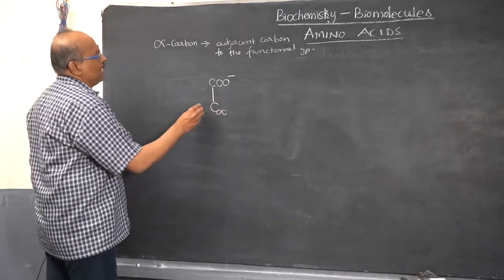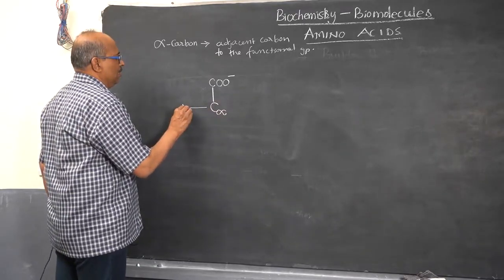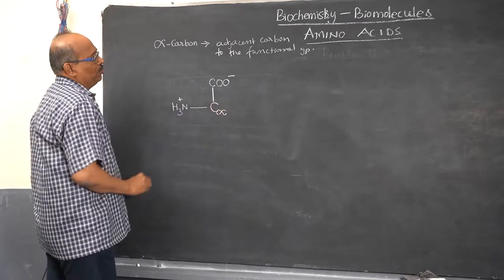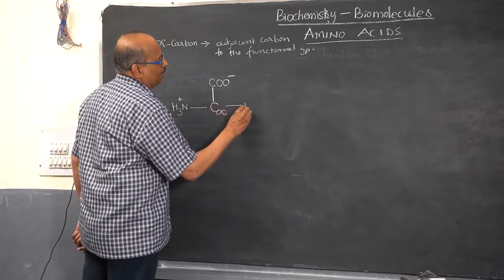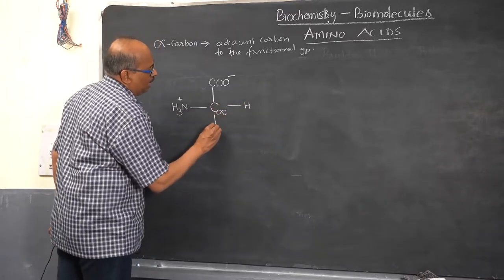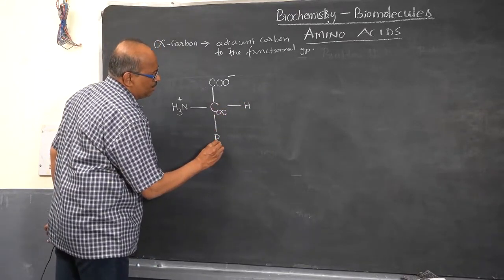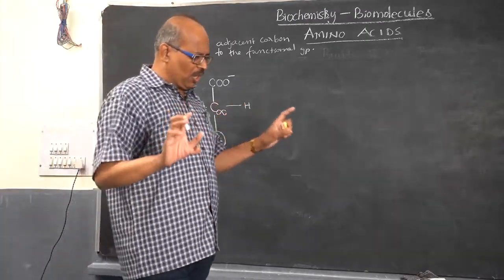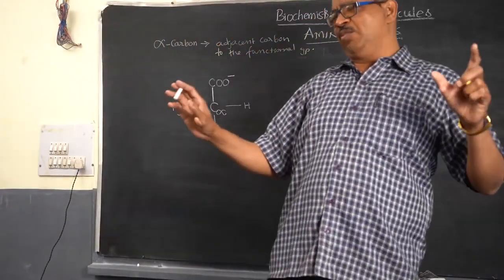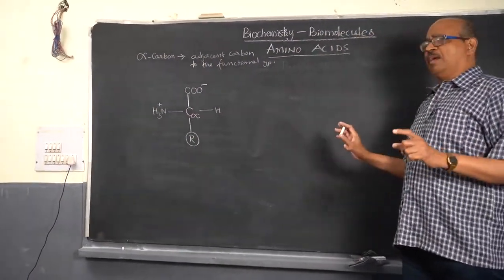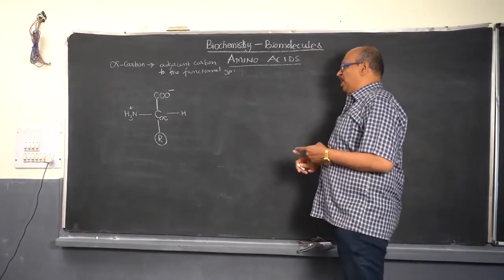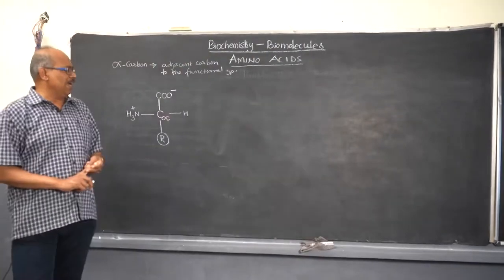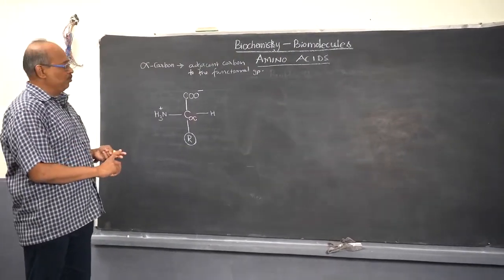This alpha carbon has an amino group. So this is an alpha amino acid. It has an alpha hydrogen and then there is a side chain group. So those are the four components that we typically find when you look into the structure of an amino acid. Alpha carboxylic group, alpha carbon, amino group, and then the R group.